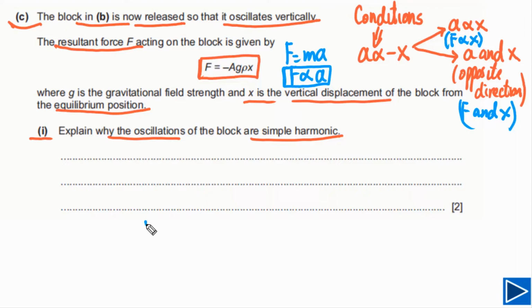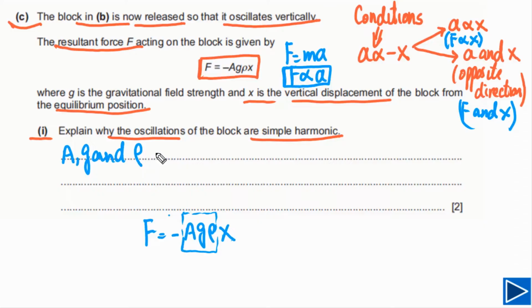Now, if you look at given equation, F is equal to negative A g rho times x. In this case, these quantities are constant. Area of the block is constant, cross-sectional area, g is constant, and density of the fluid is constant. So one point we can say in this case, A, g, and rho are constant. Rho is density of the fluid.